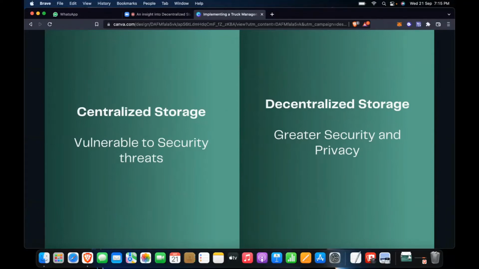On the other hand, decentralized storage has greater security and privacy, and the breach of it is next to impossible, because to hack those, the hacker needs to hack more than 51% of the nodes out there, which is next to impossible. Hacking more than 51% of the computers in a decentralized network is next to impossible. So the security level and the privacy level increases in this case.